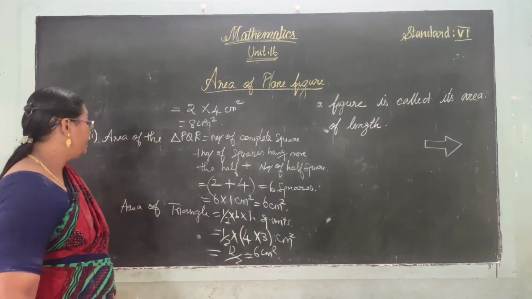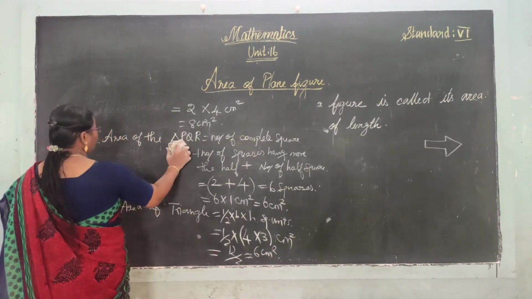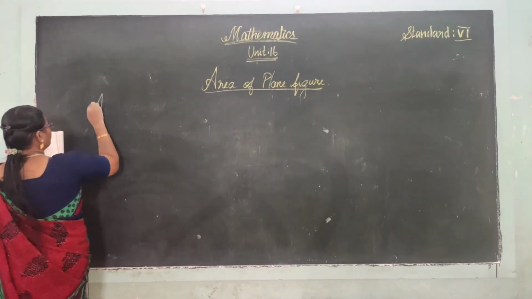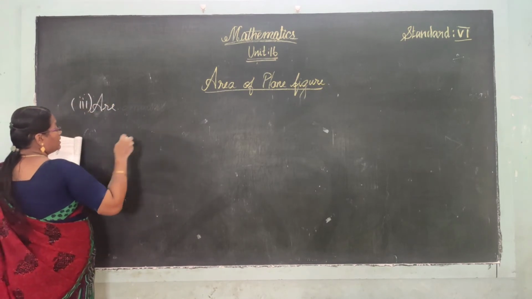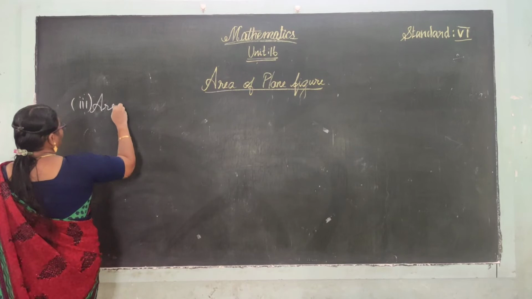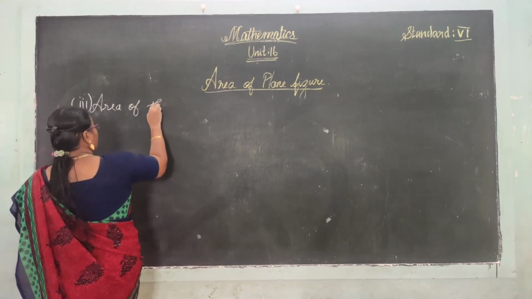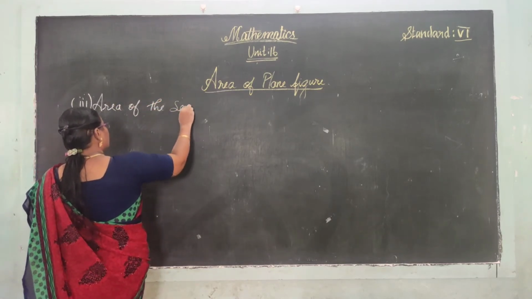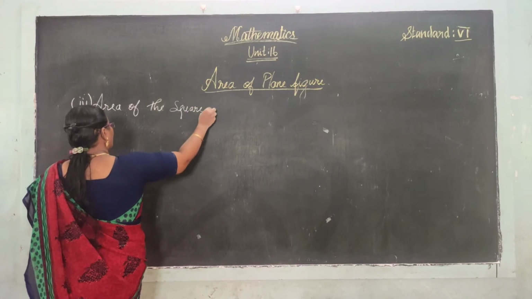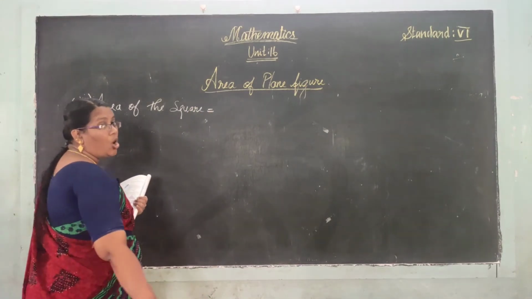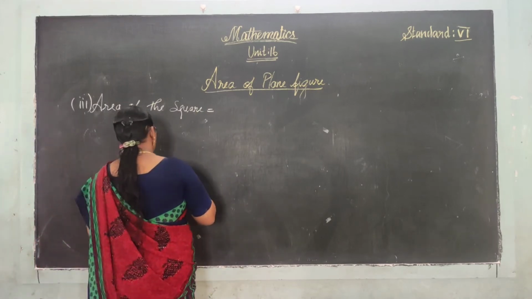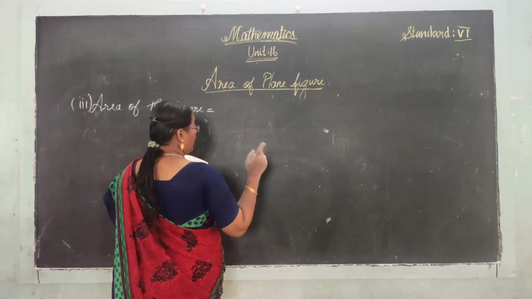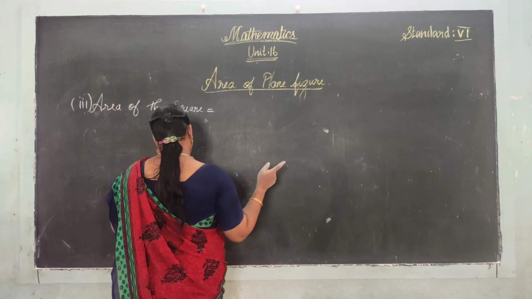So area of the third figure, see the diagram. Area of the square is equal to number of square boxes. How many full square boxes? 1, 2, 3, 4, so exactly 9 numbers.